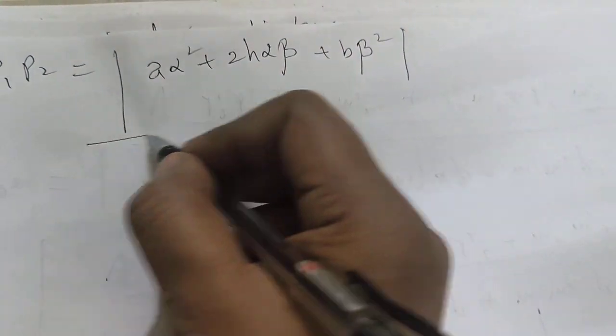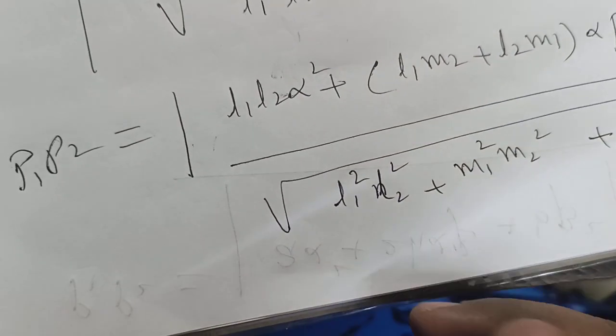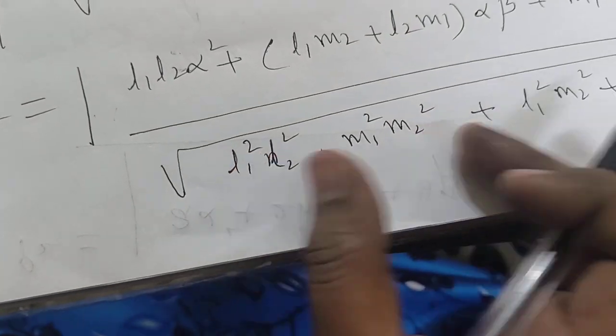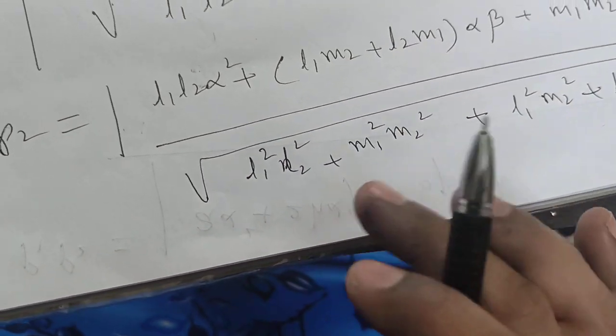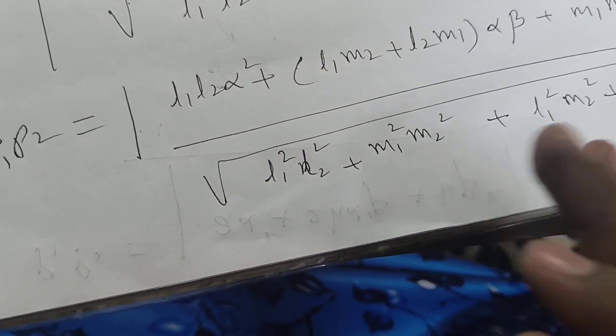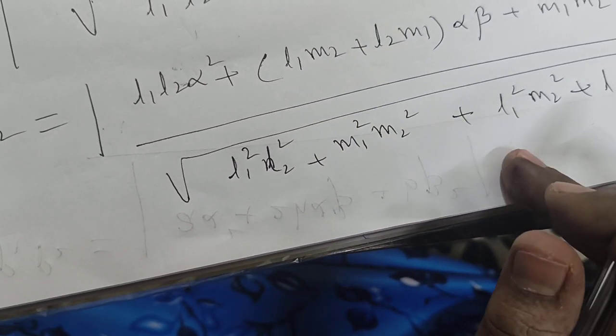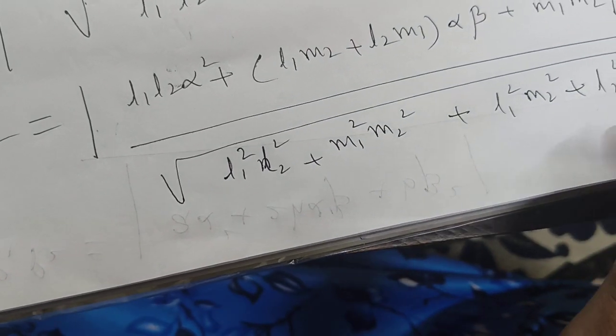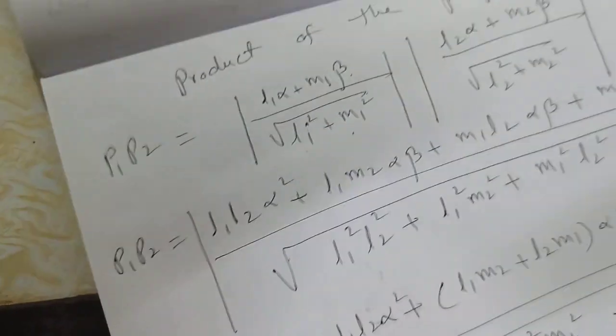We got the numerator value. In the denominator we have these two terms, so we are taking plus 2 l1 l2 m1 m2 minus 2 l1 l2 m1 m2 in the denominator.